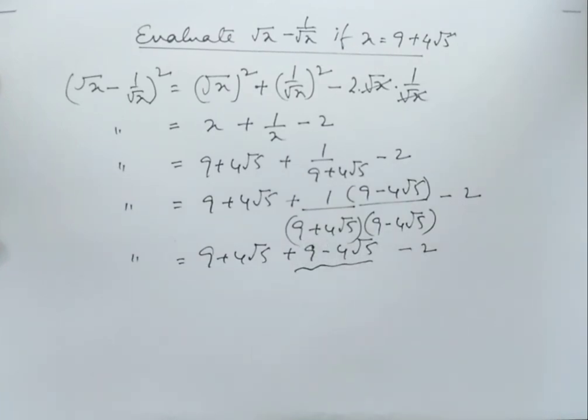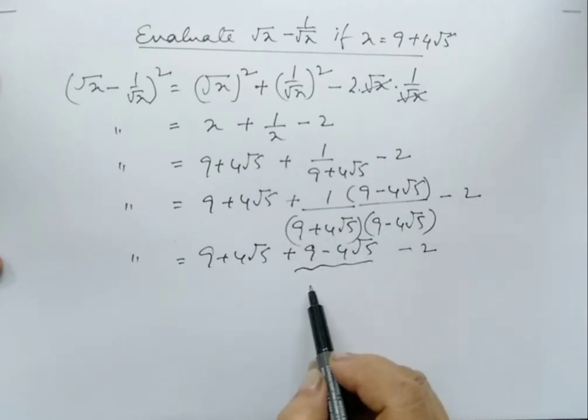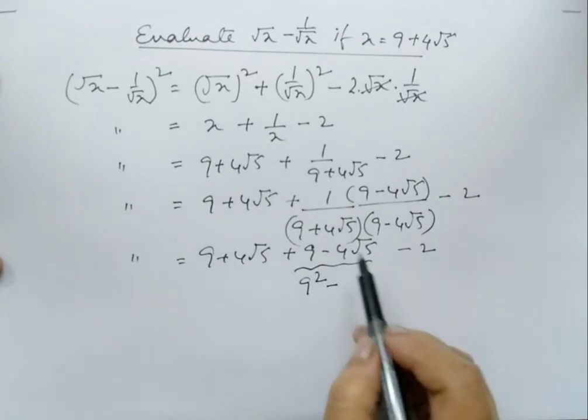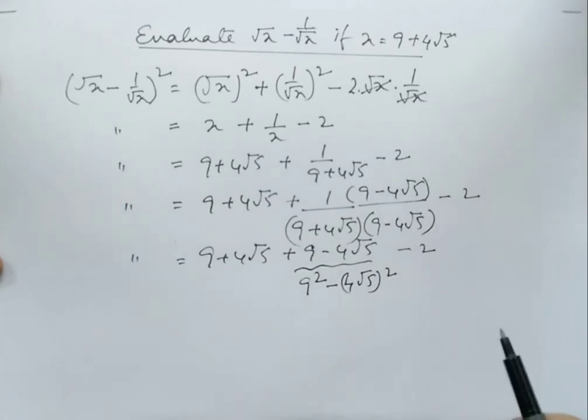Alright guys, which is equal to what? A square minus b square, isn't it? So my a is 9, so a square minus b square, 4 root 5 whole square. Got it?